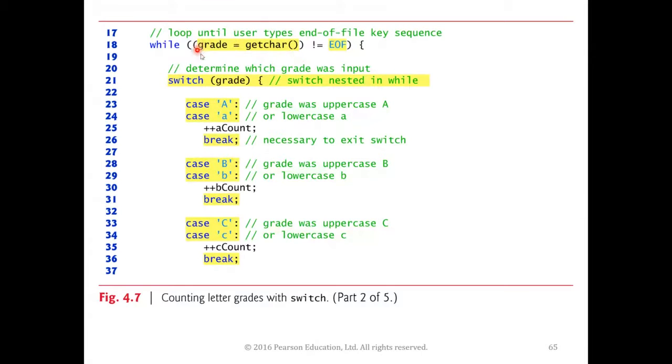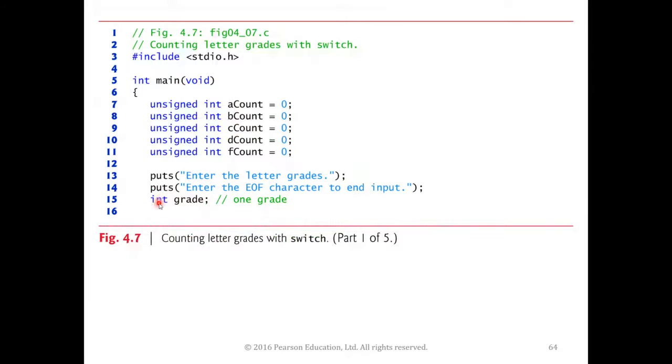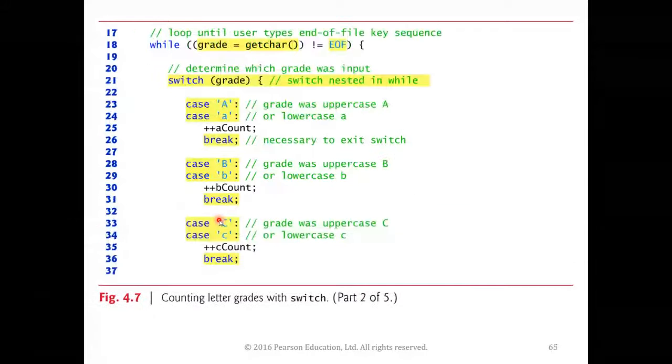It will take it and put it inside grade. Okay. We're calling grade an integer because remember that all characters on your keyboard are from the ASCII table, and characters are basically stored as integers, so you can put them inside an integer variable.